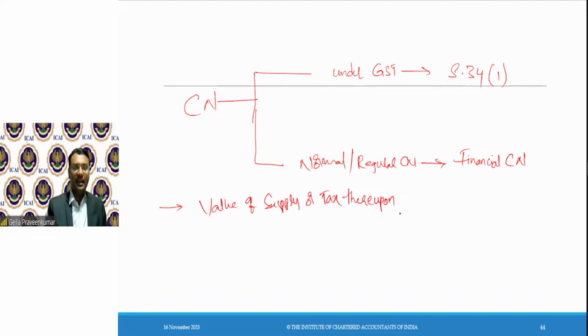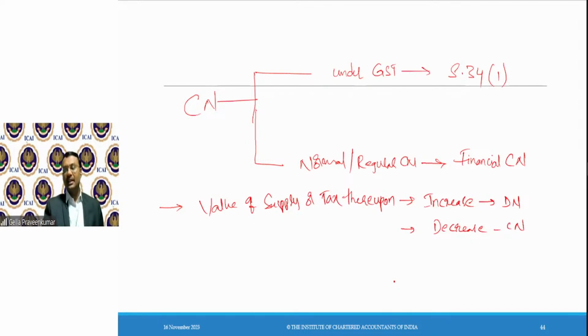Value of supply or tax thereupon: if I have to increase, I issue a document called debit note. If I have to decrease, I have to issue a document called credit note. Please write down in your working notes.